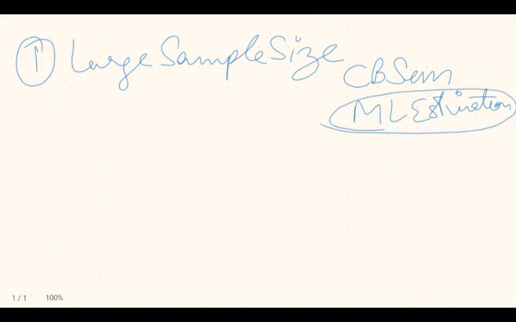So you have to establish the normality of the data and you need an appropriate sample size. In case the sample size is too low, you will not get proper estimates or proper model fit. So in CBSEM we look for model fit indices.